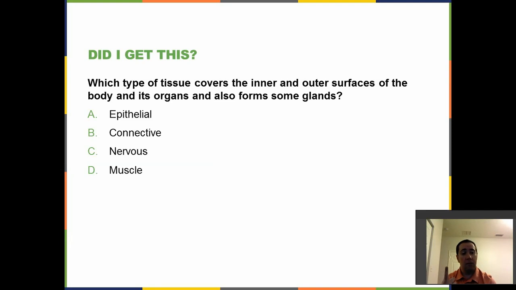Reticular was one. Fat, adipose tissue is the other. And then the third one, the one we didn't talk about in lecture much, is the areolar connective tissue. Where is reticular tissue found? It's not in many places.